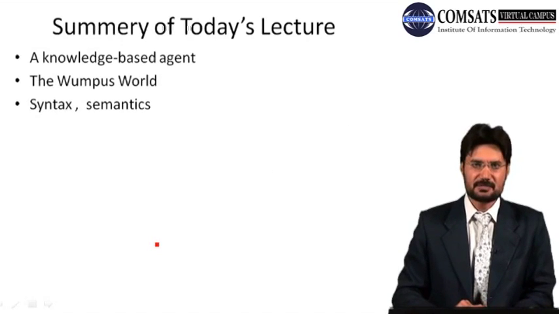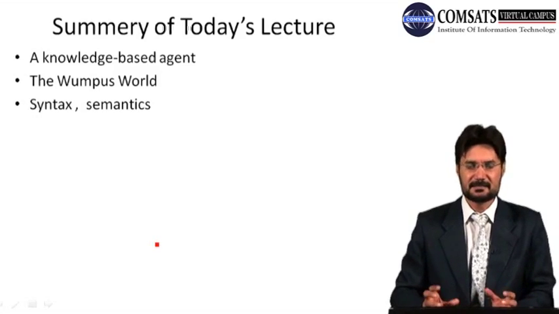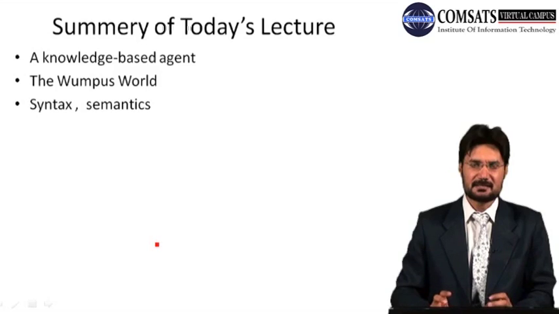So I will summarize today's lecture. What we have done until now, we were looking at the knowledge base agent, what it is, how we represent knowledge, what kind of logic we need to understand, how we will take the basic meaning, because if we have knowledge we need to convert it into some kind of syntax, and then to understand this syntax we need some semantics.